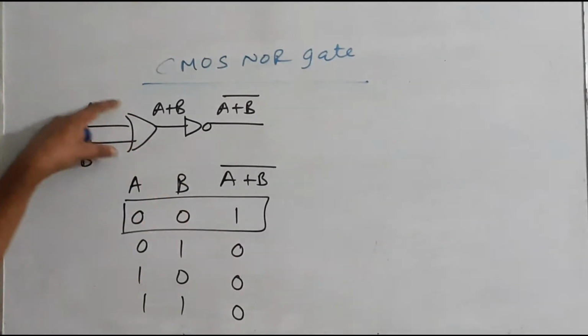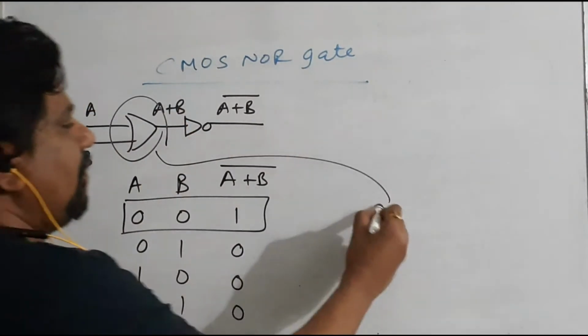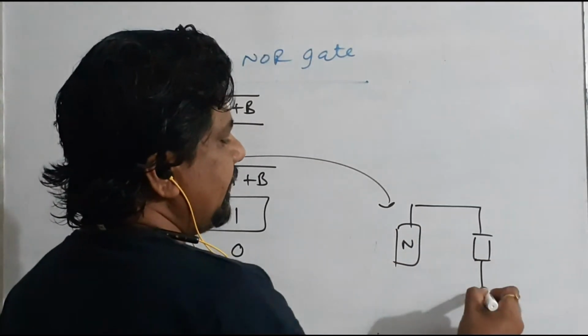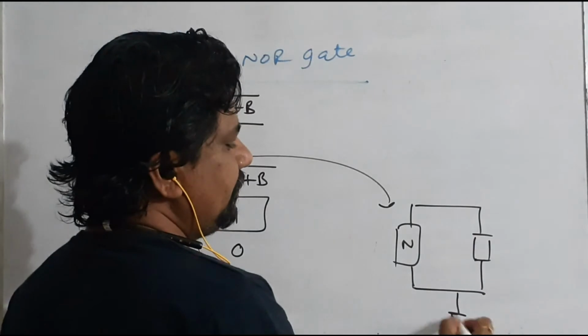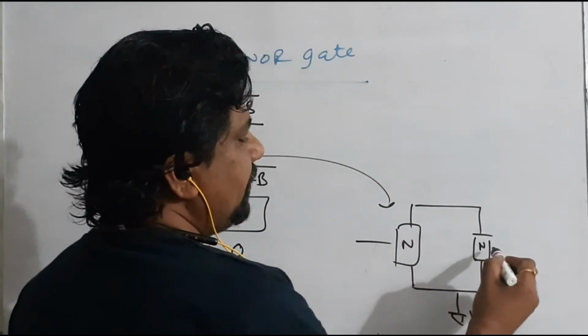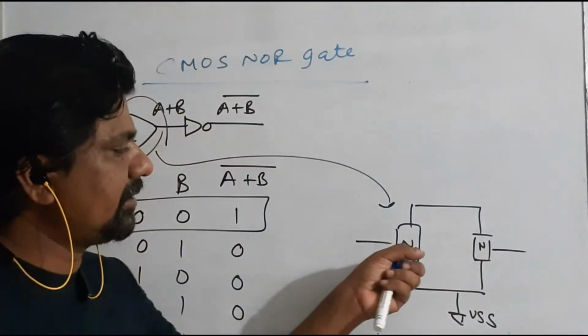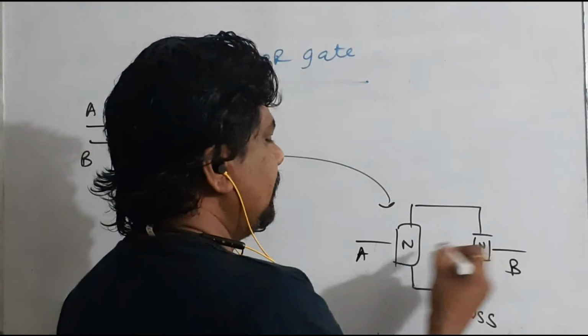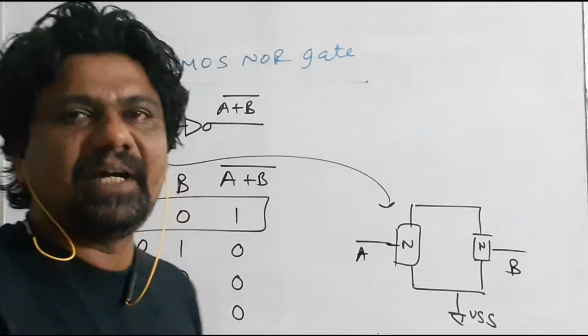So now what I need to do? OR logic. OR means this or this. So NMOS in the lower section, because they will pass strong 0. Why? That we will discuss during the understanding of the internal structure of NMOS and PMOS. A B. Now they are connected in parallel. Why are they connected in parallel?